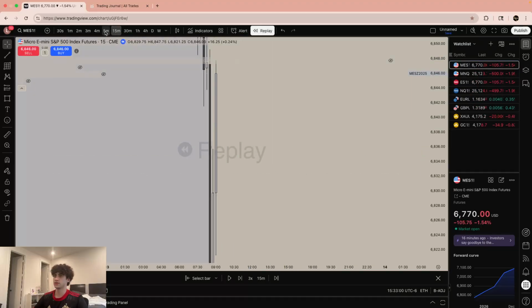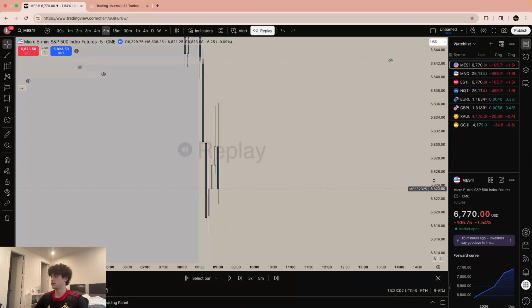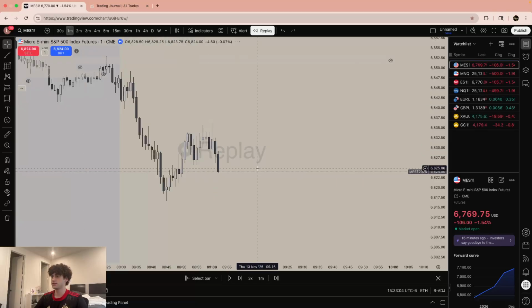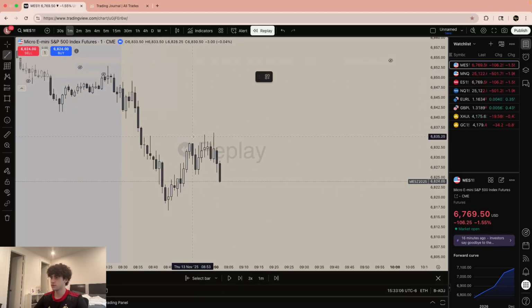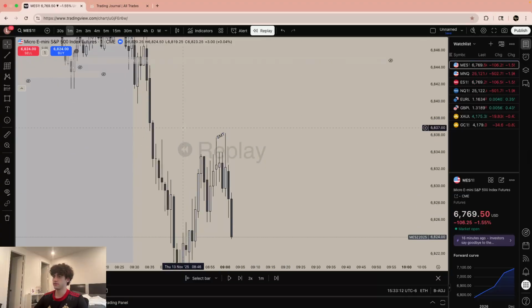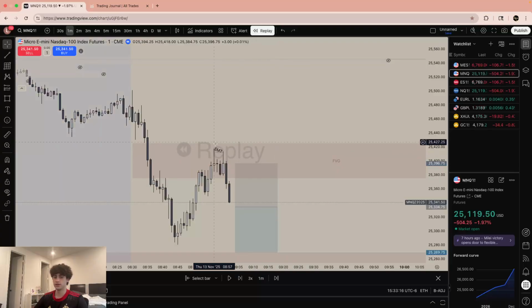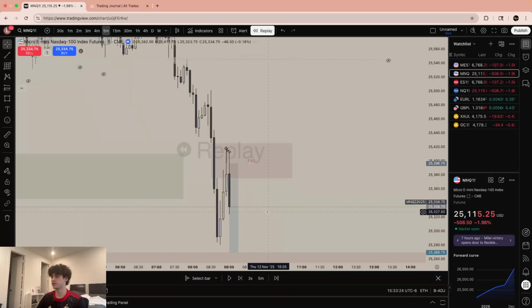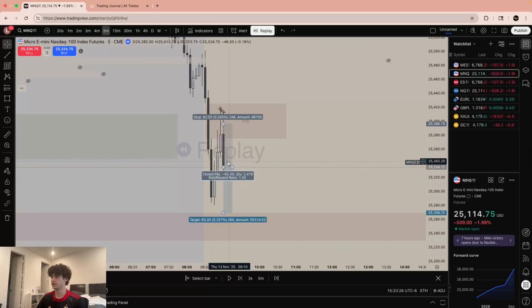I won't show because it's weird, but all you need to know is this to this was the SMT. At the time, this was the 15-minute gap that it created and tapped into here on ES, and on NQ it didn't. So we had a bearish SMT. We were delivering from a 15-minute gap, and we are now looking for the highest time frame inversion in the leg, which is this 5 minute.